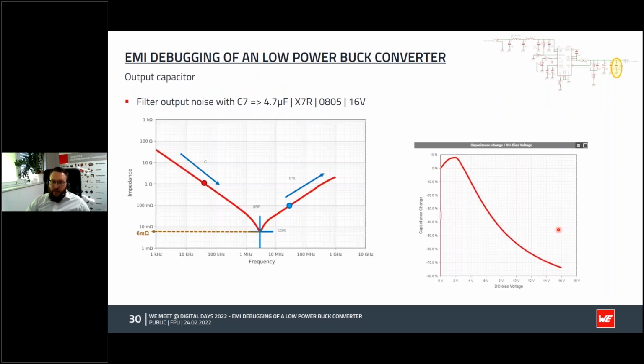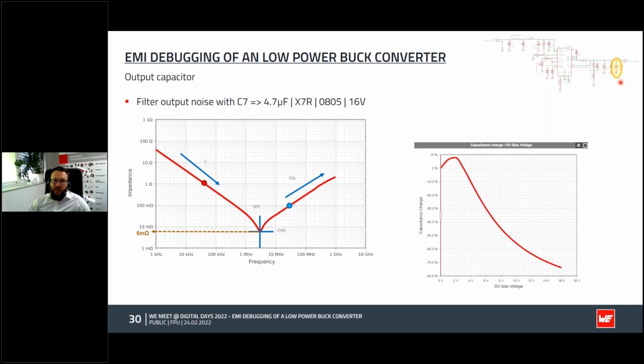Before we go to the second design, we will have a short look at the output capacitors, because they are also important for the stability. First, we go from right to left. This is C7.